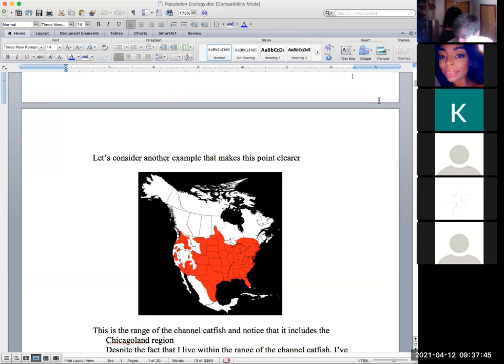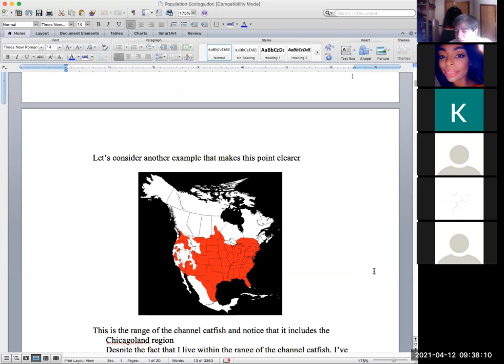And if we look here, right in this area is Illinois. And up above us, this is the Great Lakes. Channel catfish are found in Illinois. But if I walk out in my front yard or my backyard, no channel catfish, despite the fact that they're found in Illinois. Well, why?